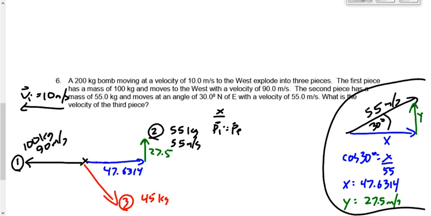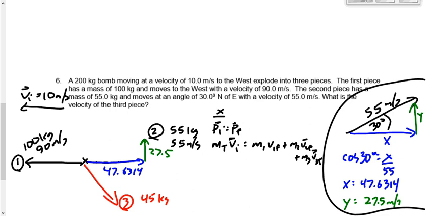I mean, that's the initial velocity, but be careful, that's not the initial momentum. But the whole thing has a velocity of 10, right? So what I'm going to do, Hunter, is say m total times vi, because it's one object before the explosion takes place, right? Equals, and then there's 3 objects afterwards, m1 v1f plus m2 v2f plus m3 v3f. Does that make sense?